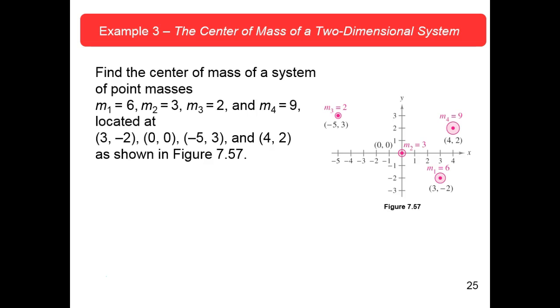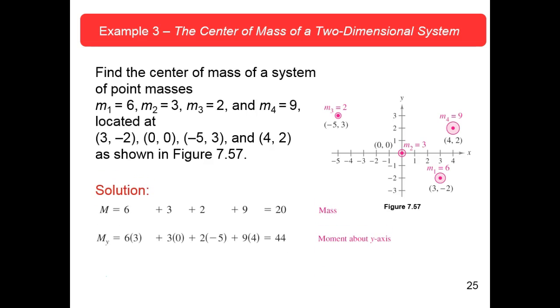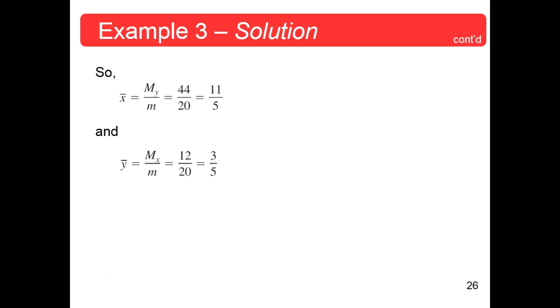You would do the moment for each one of them. Remember, a moment about the y-axis is the mass times the x value. Do that, and then your center of mass is the moment about y over the total mass, which gives you the x value of the center of mass for the system.